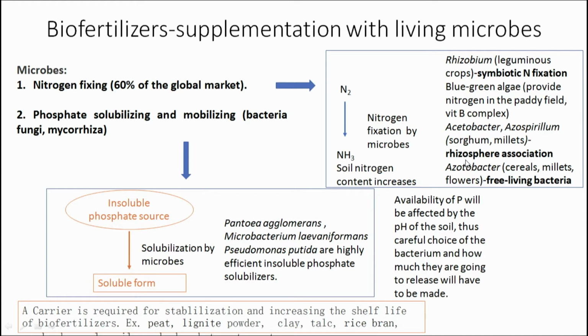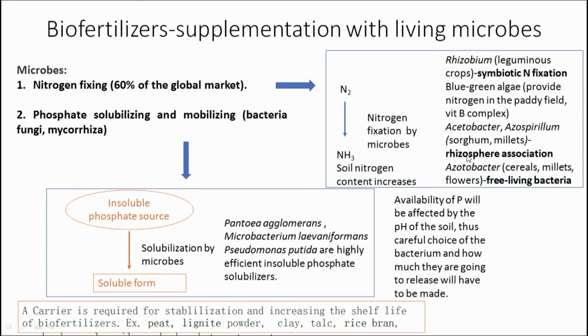They do not particularly benefit anything from the plants, unlike the symbiotic nitrogen fixers. They take the organic acids and nutrients from the soil, and they are associated with the soil surrounding the plant roots.